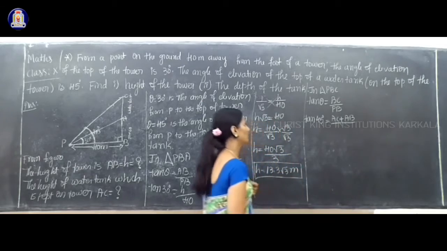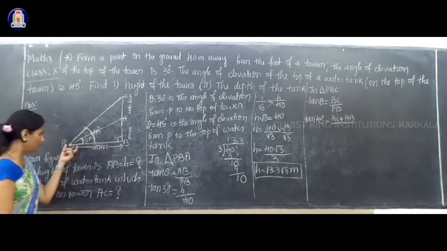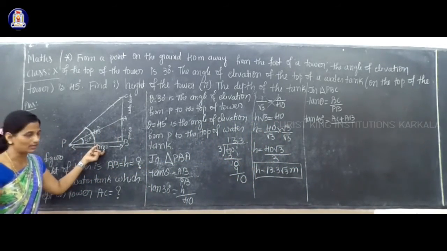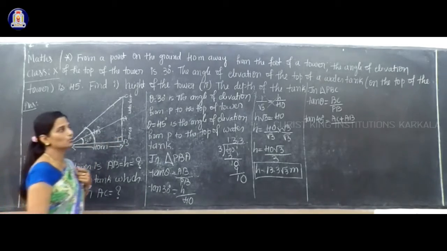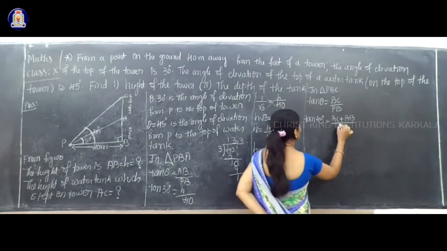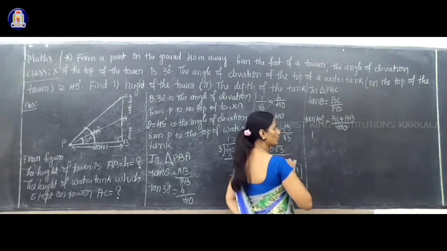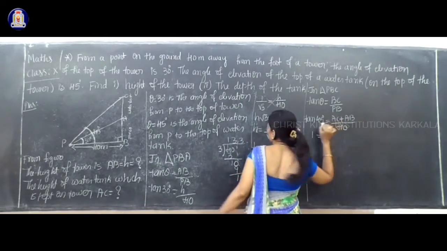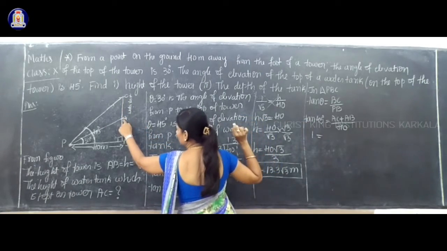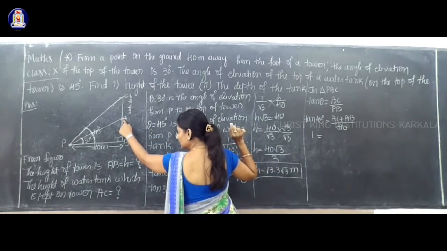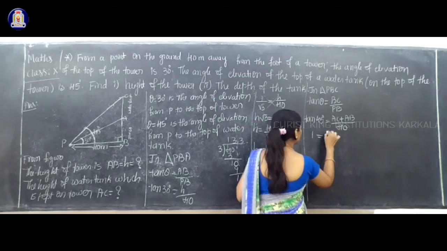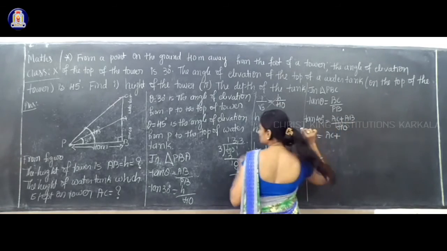Divided by PB, what is your PB? PB is equal to 40 meter. Tan 45 is what? 1, which is equal to AC plus AB over 40. AC is the depth of the water tank. Is it given? No. So AC plus, what is the AB?